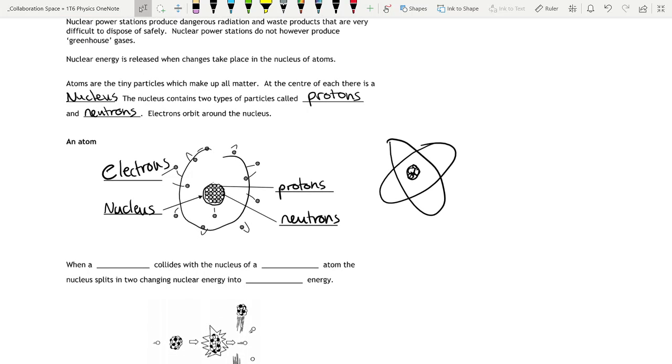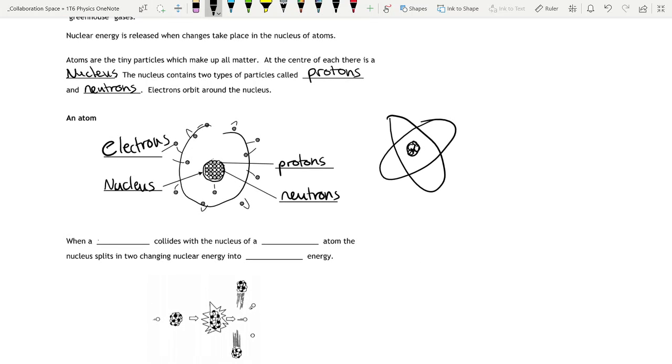So we can sometimes have neutrons that are outside the nucleus, and we can fire them. And when the neutron collides with the nucleus of a radioactive, so that's something that's unstable atom, the nucleus splits in two, changing nuclear energy into heat energy.